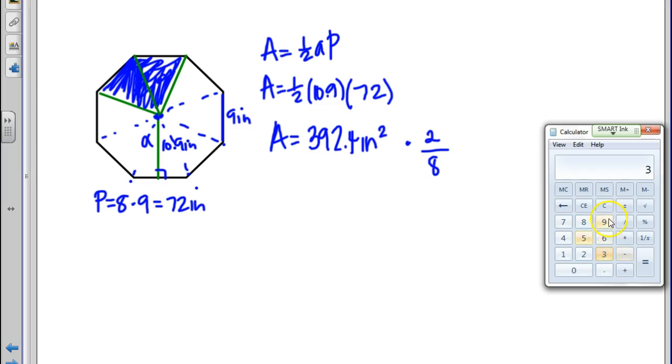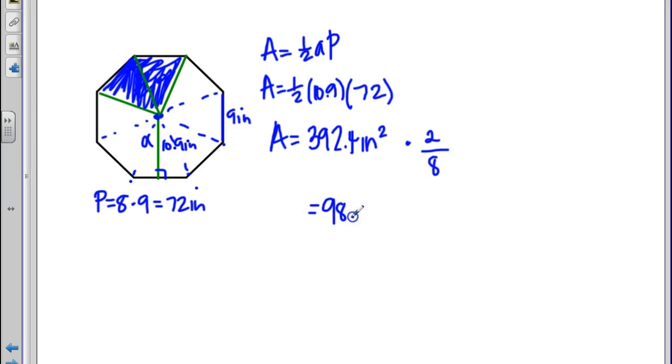All right, so let's do that. 392.4 divided by, I'm just going to go ahead and divide by 4. 98.1 inches squared. So this is shaded area. All right, so I reduce this to 1/4 and divide by 4, and that gives you this blue shaded area.